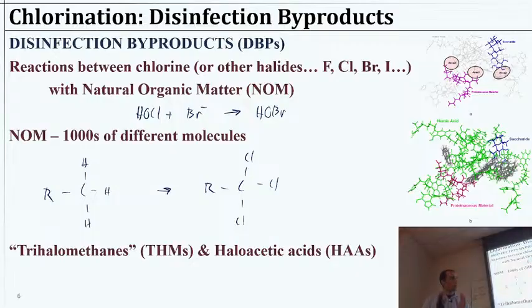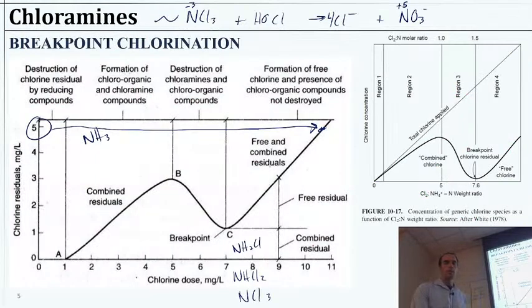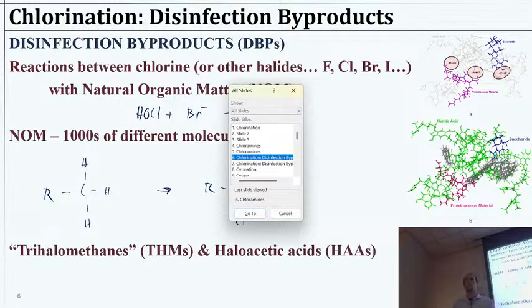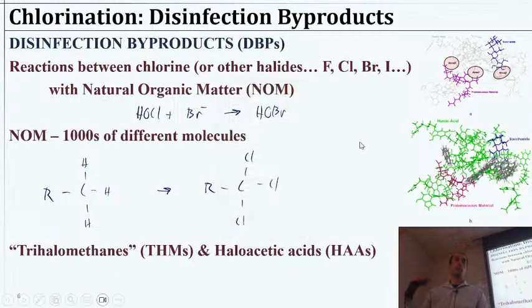So on a control aspect, a couple things we can do, even thinking back on this: we can recognize that these are going to be formed with more and more chlorine. If we put lots and lots of chlorine in there, then we'll have the potential to form more of them. We could also address the fact that we need a lot of DOM, dissolved organics, to allow this to happen in the first place.